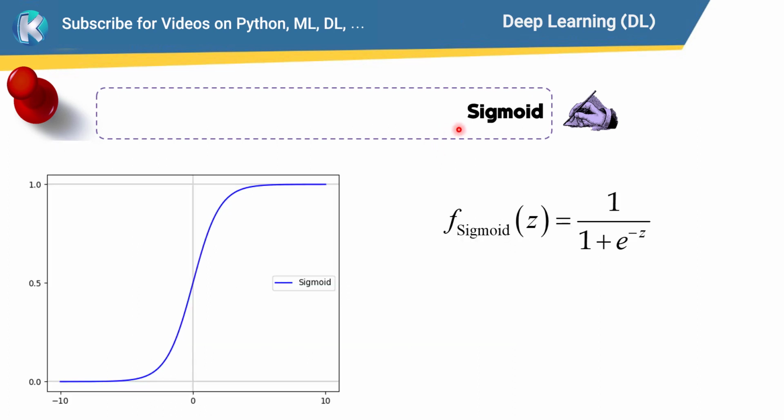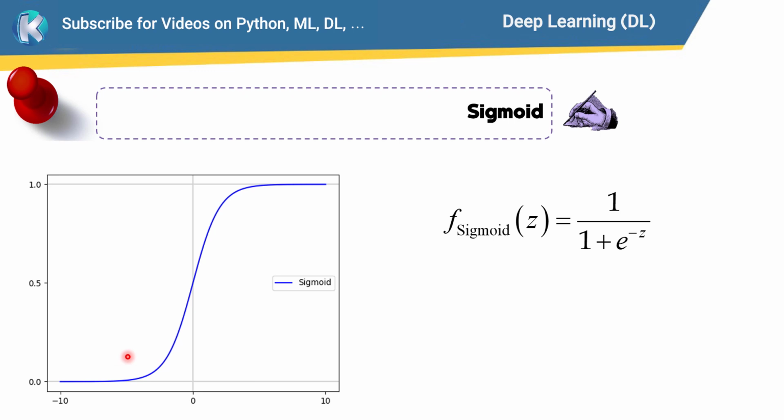In these cases, we can use one of the most well-known activation functions, which is called sigmoid. You can see the output of the sigmoid activation function is between 0 and 1. You can think of 0 as one class and 1 as the other class. For example, suppose that 0 is the class where the person doesn't have cancer, and 1 is the class where that person has cancer.